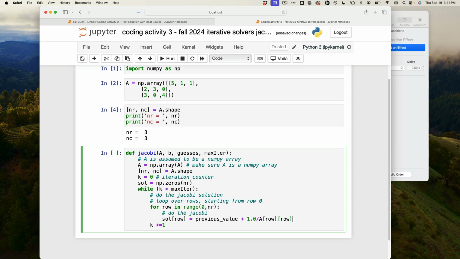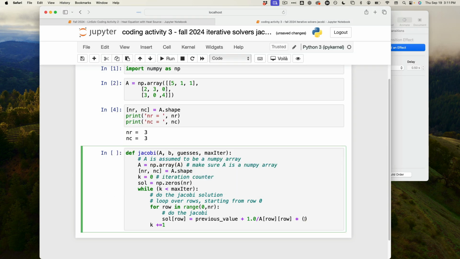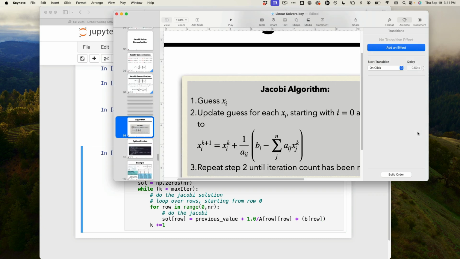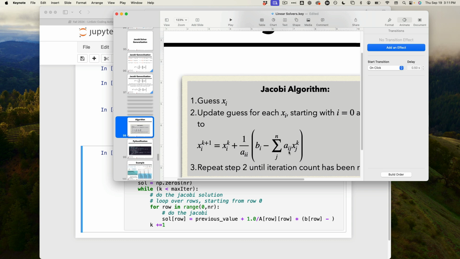Times, so that's 1 over Aii in our algorithm, times this guy, bi, which corresponds to the row. So b at the corresponding row. Okay, good. Minus this whole thing.